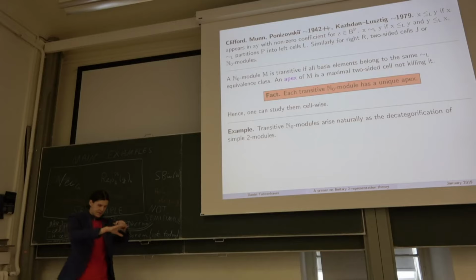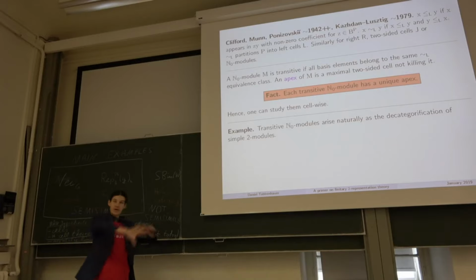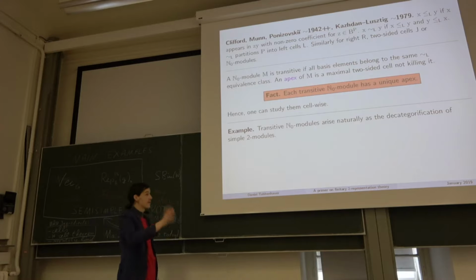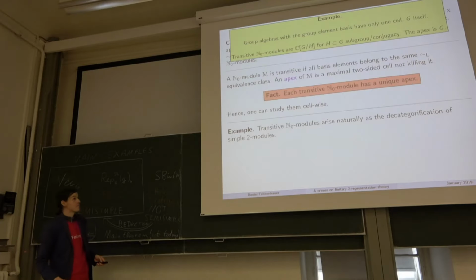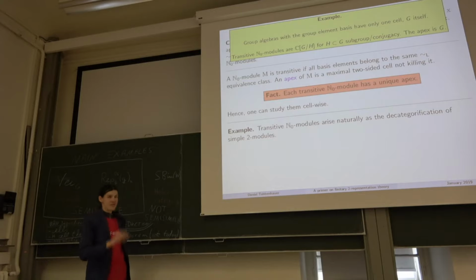So you can order your representation theory by cells, by saying, okay, I'm only studying a certain fixed apex now. I will give you an example in a second. I will skip this due to time reasons. But transitive ones are the simples, which just means they are one connected component under this equivalence class.